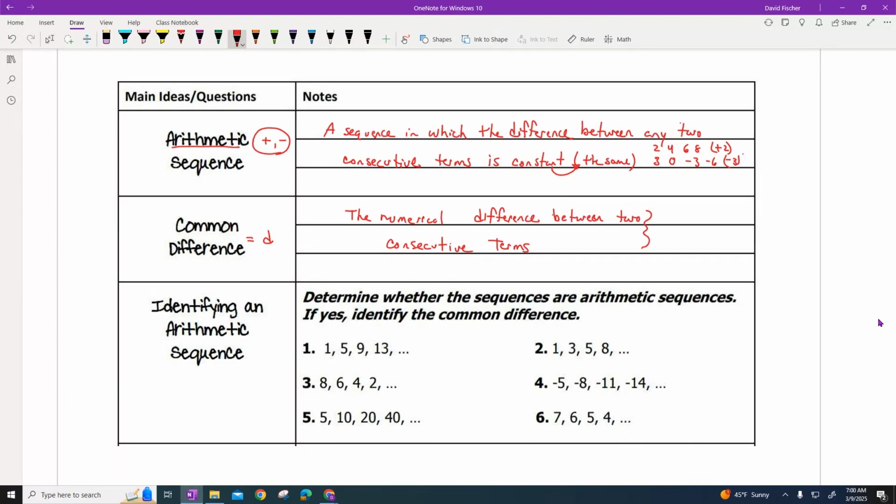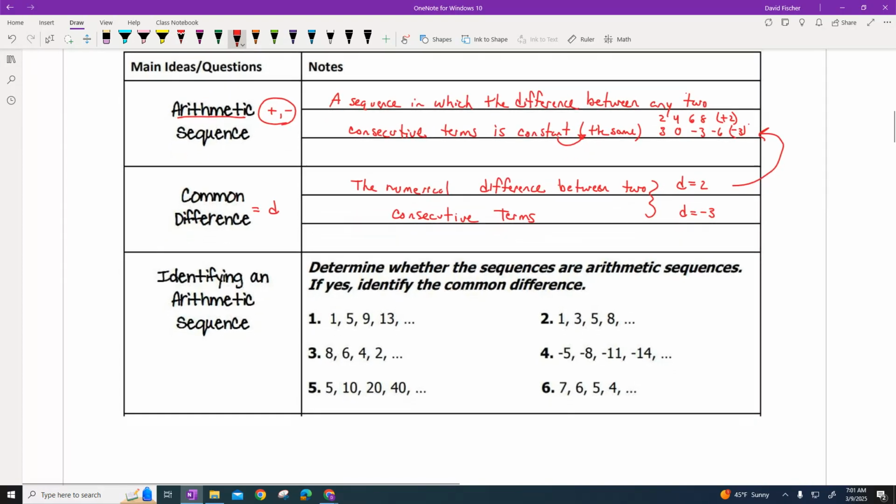And so our d on the first one would be d equals 2. We're going up by 2s on my example. And on the second one, my d would be -3. We need to know this in order to use the arithmetic sequence.